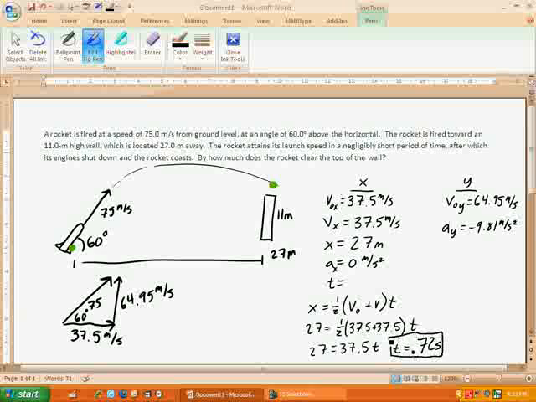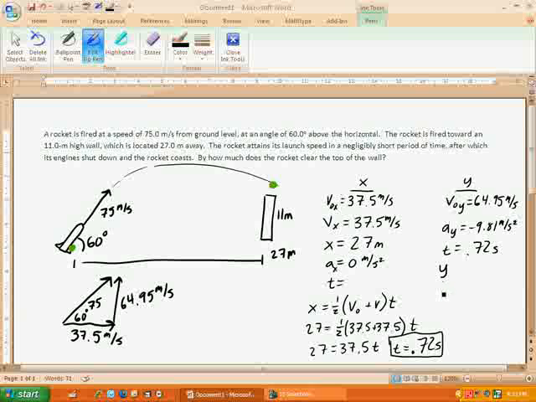That's the time that it takes to get from the launch point to right here, where it has gone 27 meters. Now I can use this time with my y information, now that I have time equals 0.72 seconds, to find my y height. I need the kinematics equation that uses displacement, time, acceleration, and the initial velocity.